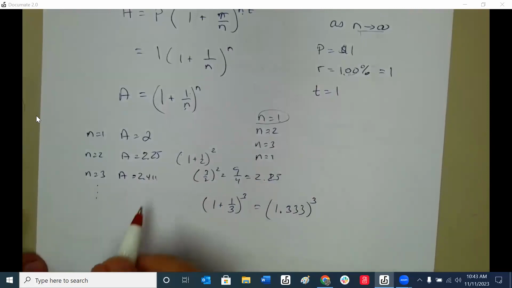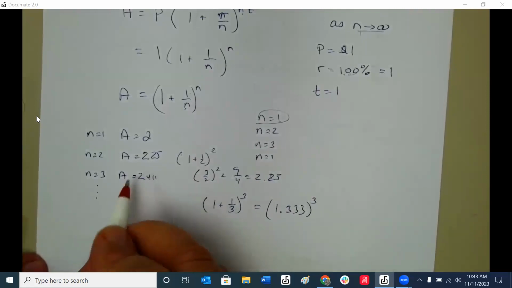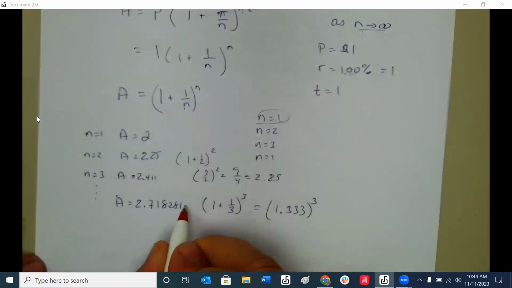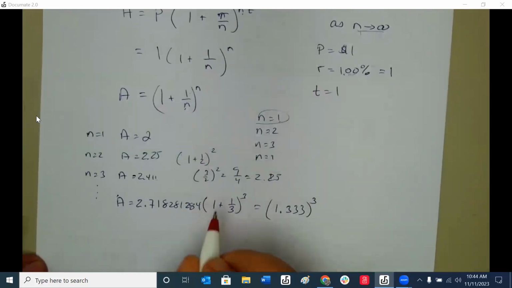You keep on going, and this number will eventually slow down, and it gets very close to this number, and it goes on forever.